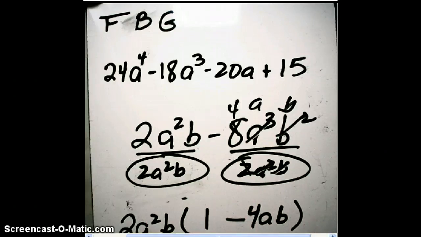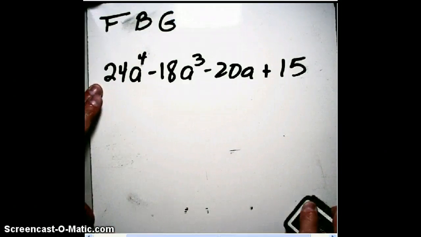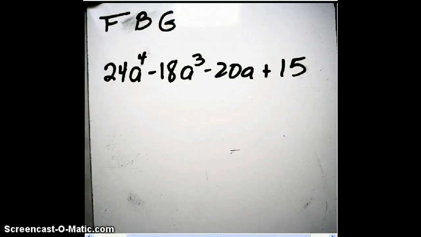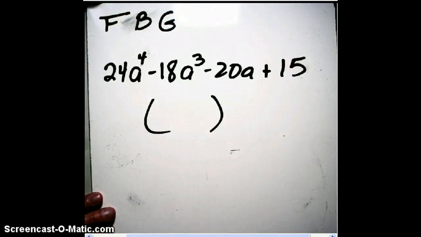Now, having said all of that, let's do this problem, factor by grouping. Because believe it or not, this is not a trinomial, but there are two binomials that make that. So here's what we're going to do. I'm going to look at the first 2. Okay. First 2. What's common to them?